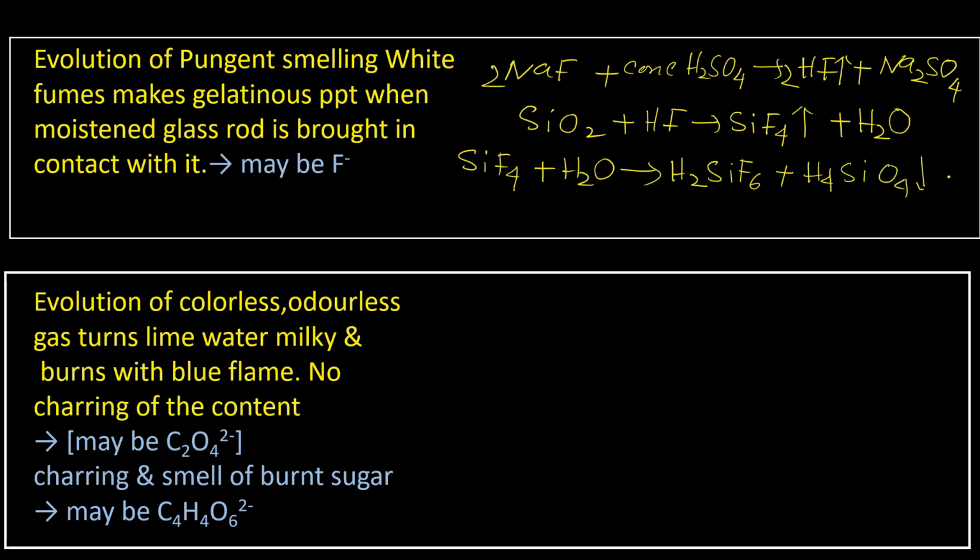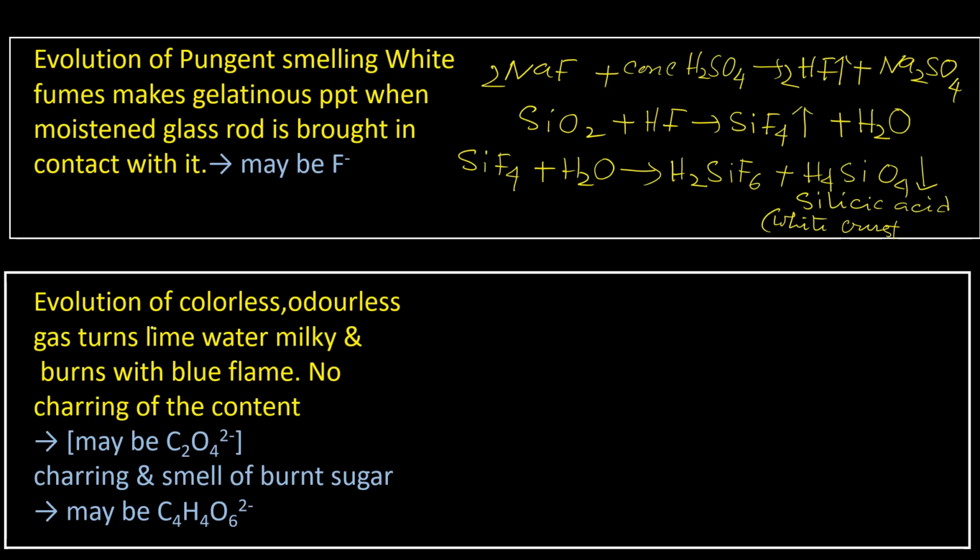This silicic acid is deposited. This is your silicic acid. It is deposited as this gelatinous precipitate, or just like a white crust. White crust.